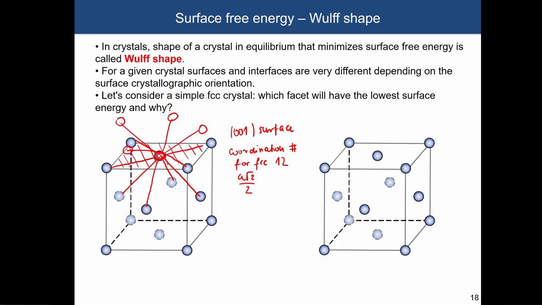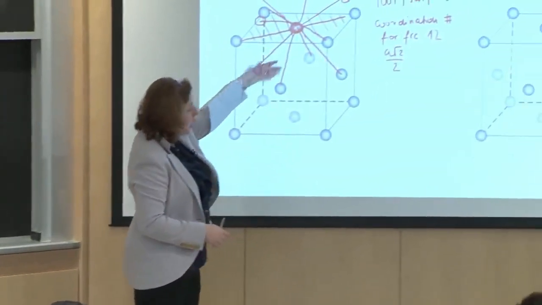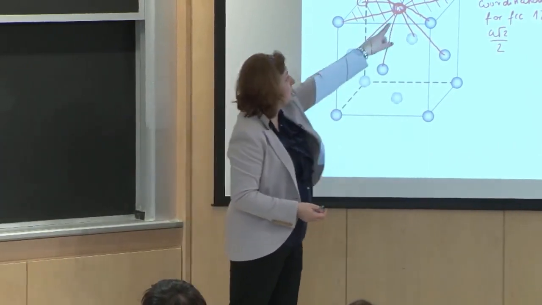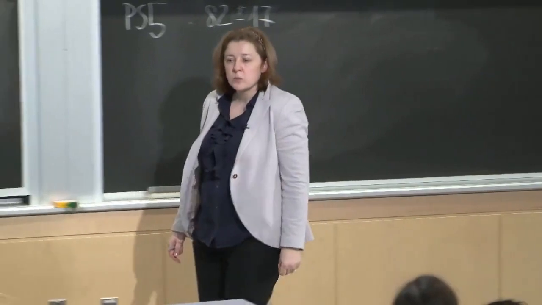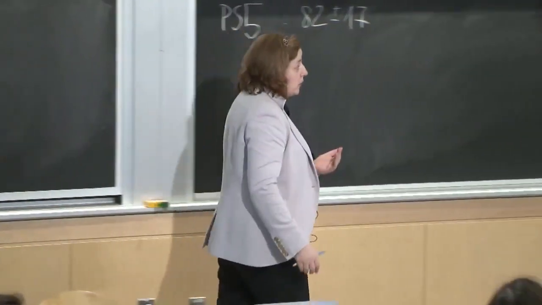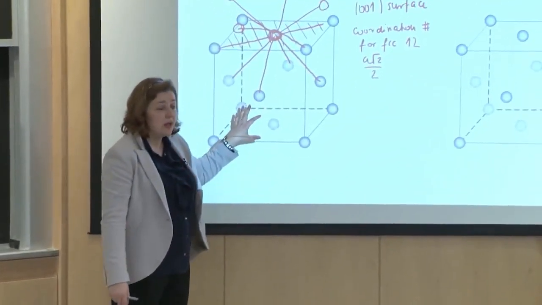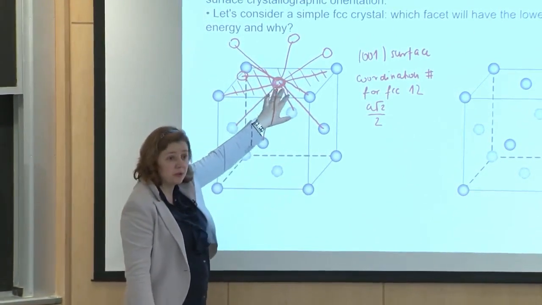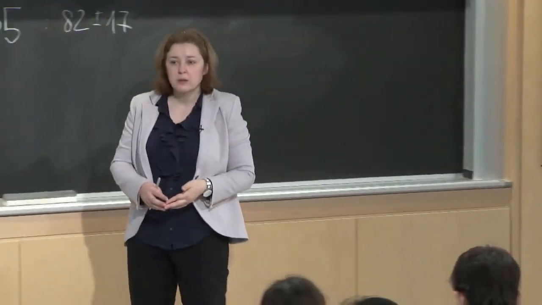So if I ask you a question, if you break a crystal along the 001 surface, how many bonds will be broken for this particular atom? To know that, you have to understand how many of the atoms that are nearest neighbors to this atom remain in bulk, and how many of them are removed by cleaving this facet along this particular direction. So how many of them are removed? 4.